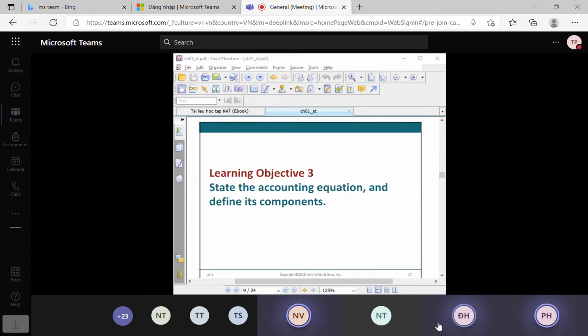It means asset is always equal to liability plus owner equity. This is an equation. This means the equal sign between the left part and the right part.